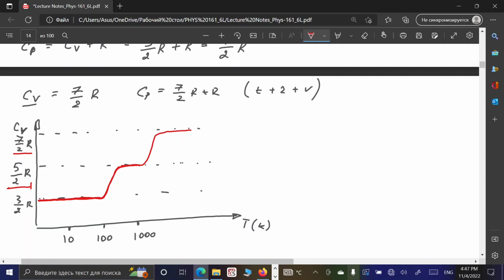We derived equations for this specific molar heat capacitance, initially for translational motion only, for 3 degrees of freedom, and have shown that indeed CP is larger than CV.